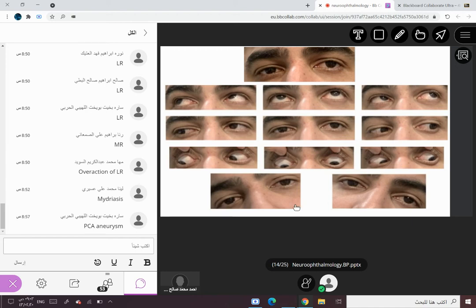Then we have to do what we call the head tilt, the right head tilt or the left head tilt.